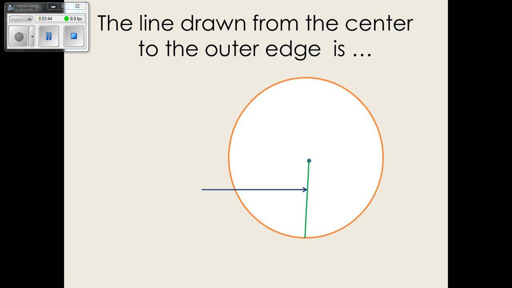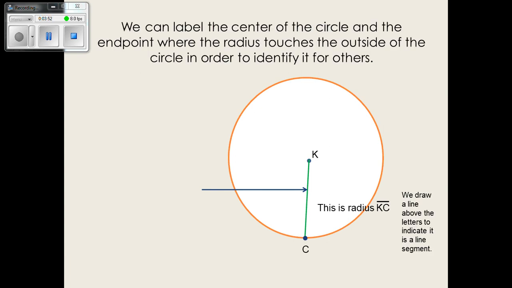The line drawn from the center to the outer edge is called the radius. And we can label the center of the circle and the end point where the radius touches the outside of the circle in order to identify it for others.